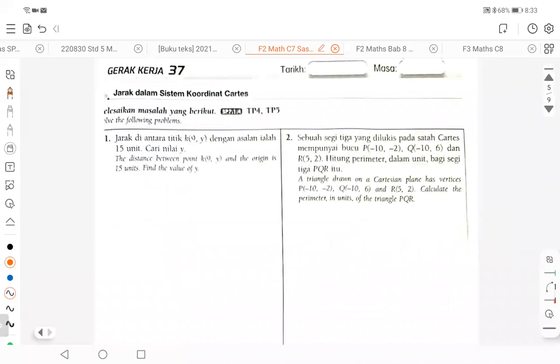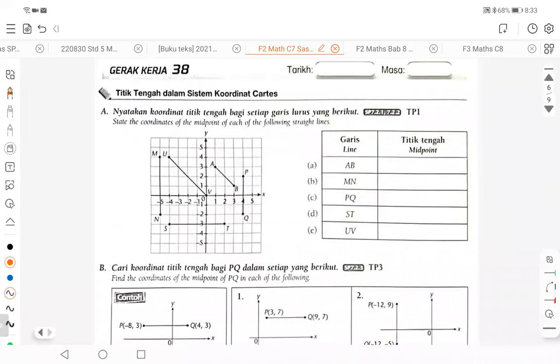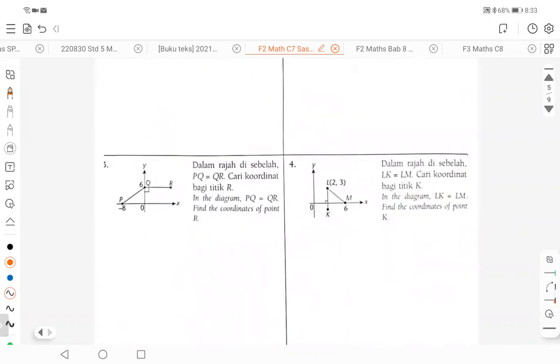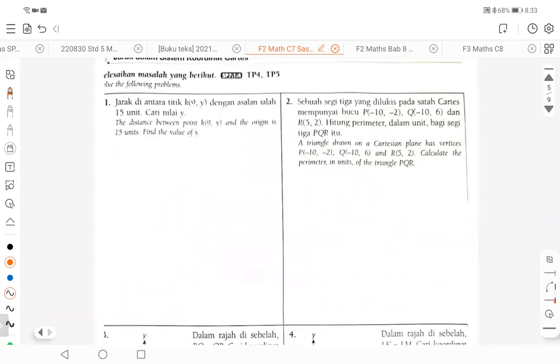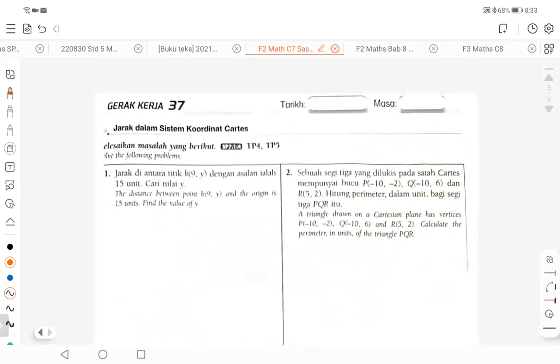Let's just complete the exercise in our gerak kerja. Let me know, have we done this page? Which page is this? Gerak kerja 37. Have we done this page?